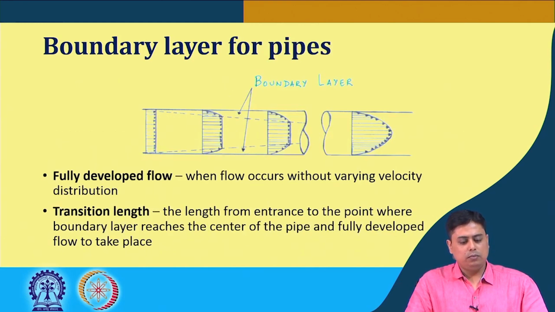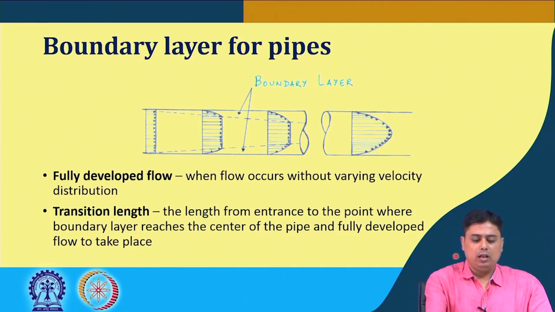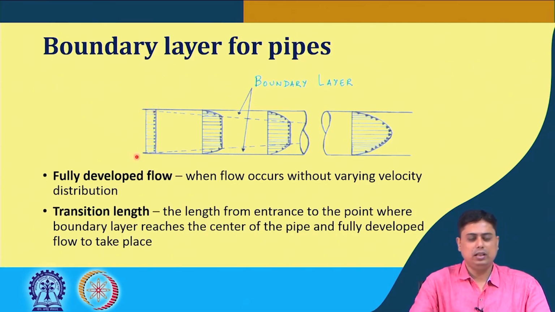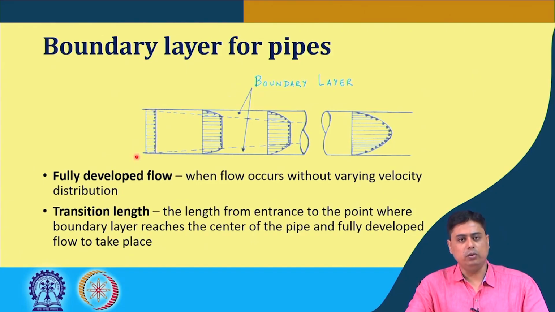Now the point is how the boundary layer develops. This concept you have possibly already seen in your previous fluid mechanics class: let us say a uniform velocity comes into a pipe or a conduit.